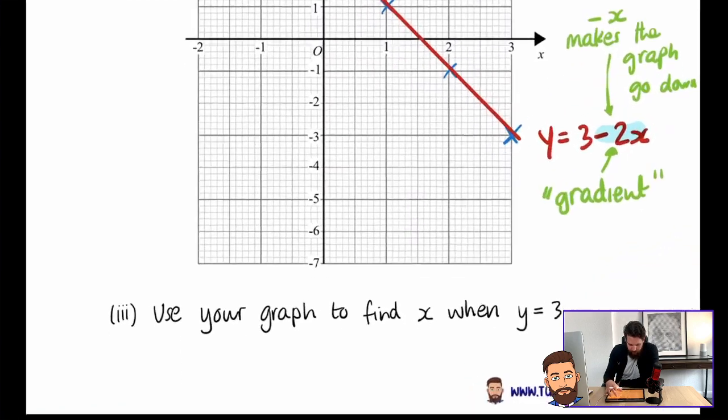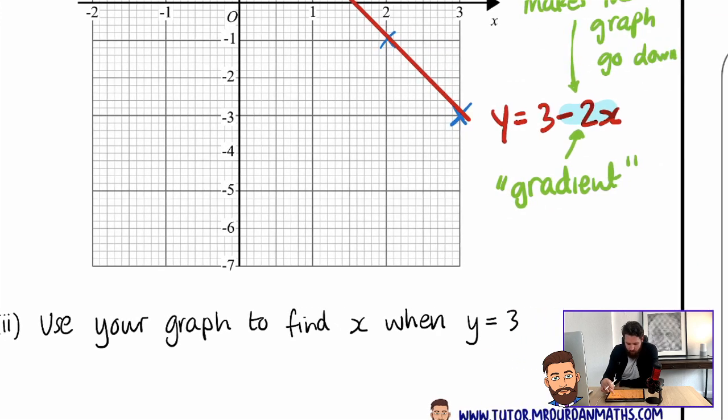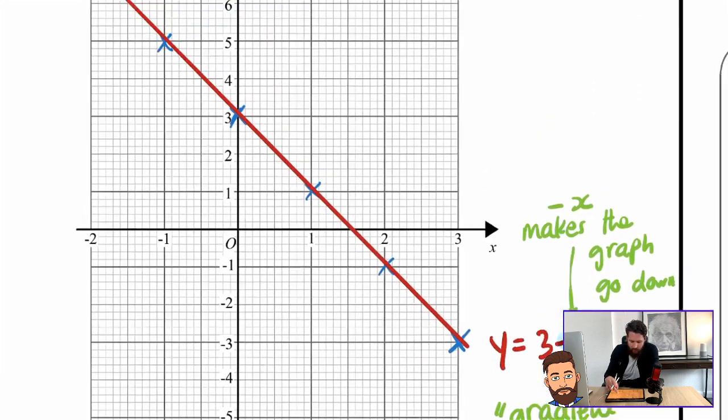If we finish with part 3, it says use your graph to find x when y is 3. And this is very straightforward. You find 3 on the y-axis, which is right here.